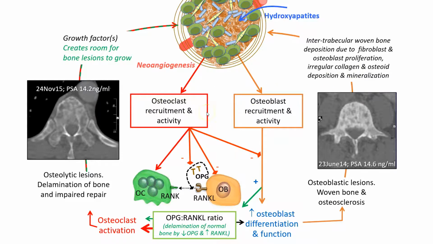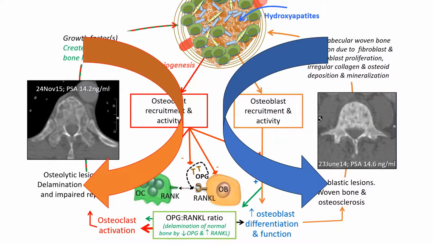You've got osteoclastic recruitment and activity, usually around the margins of metastatic colonies, resulting in delamination of bone and growth factor release that promotes growth. And on the other side, you've got osteoblastic recruitment and activity, which forms these osteoblastic lesions through the mineralization of woven bone. So in fact, both processes are occurring at the same time.